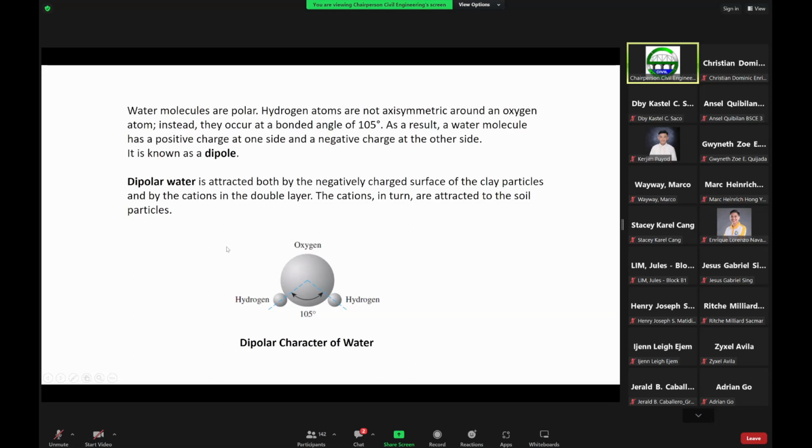Dipolar water is attracted both by the negatively charged surface of the clay particles and by the cations in the diffuse double layer. The cations, in turn, are attracted to the soil particles.